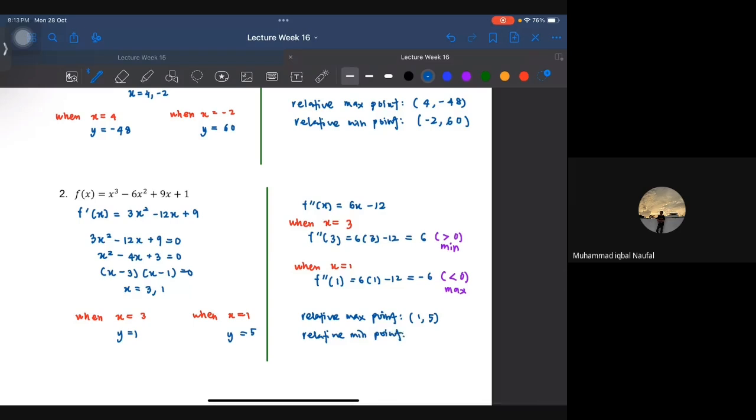Okay, so relative minimum point, we have the value of 3. Number kita 3, y kita is 1. Okay, settle.